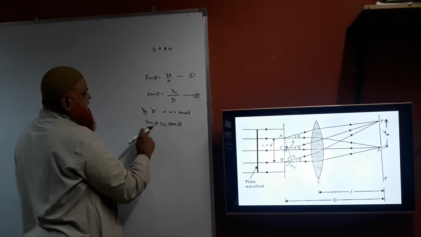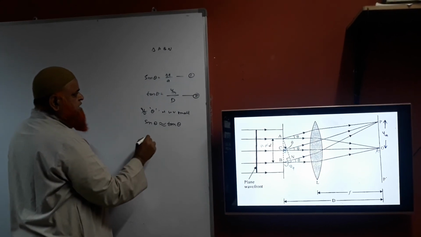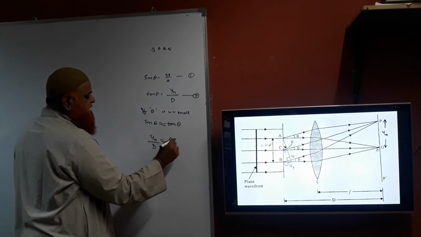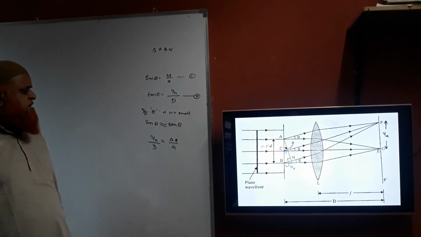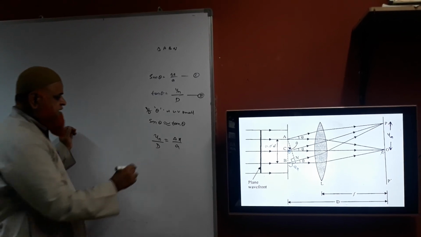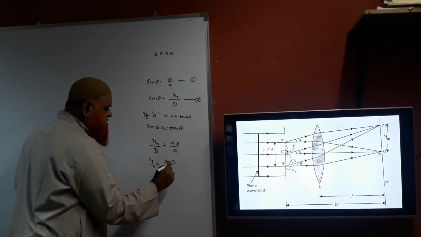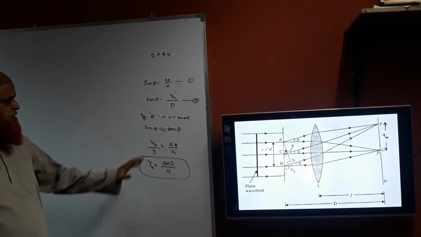Then, if these two angles are very small, you can write yn by capital D is equal to delta x by a. These two are going to be the same here. Then you will write yn is equal to delta x into capital D by small a. So this is the equation which you are going to get.